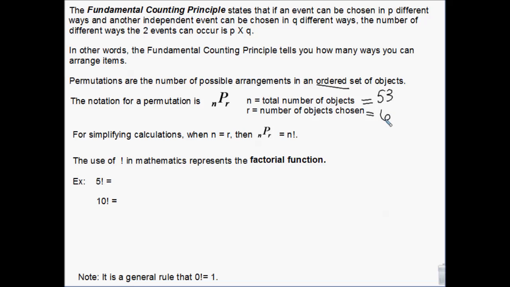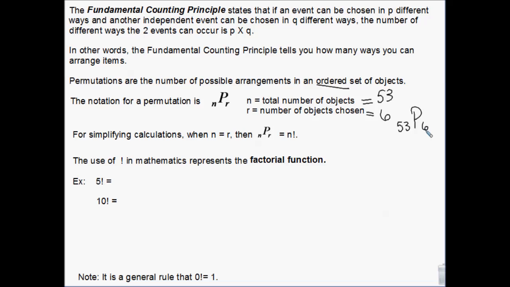So for the lottery, we would write 53P6. That would be the math that would tell us how many possible lottery number combinations exist. Since every number can only come up once in the lottery, that's how many different possibilities exist. It's ordered. Everything can only be used once.